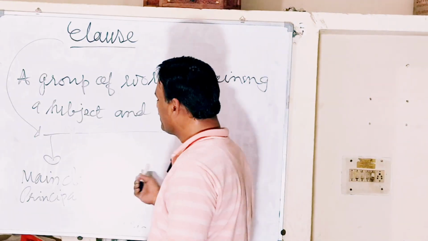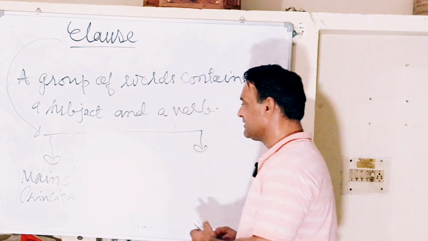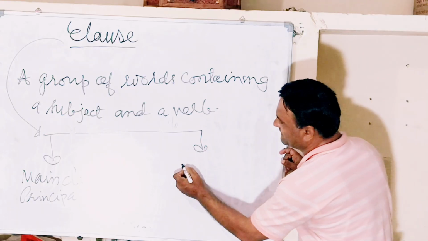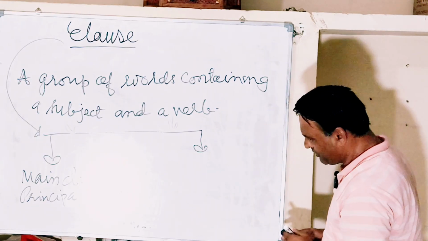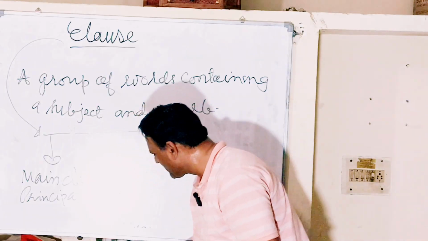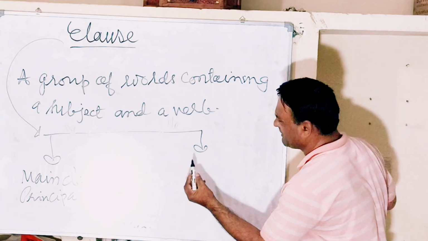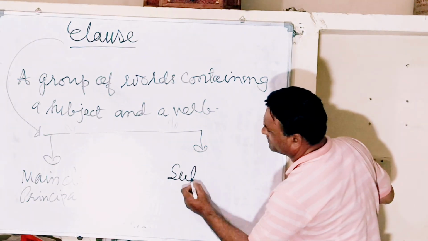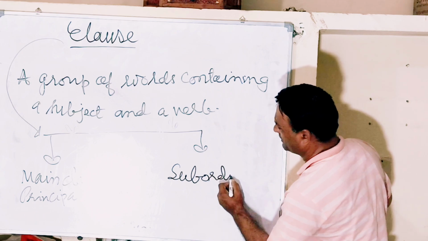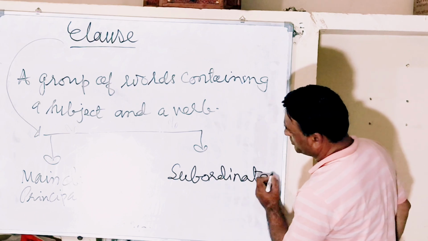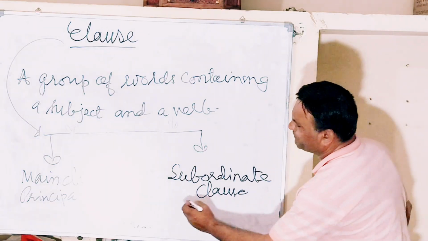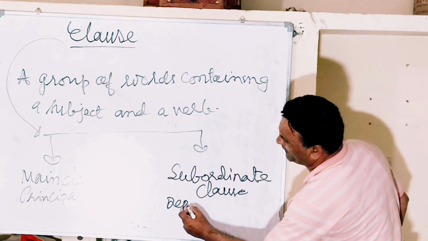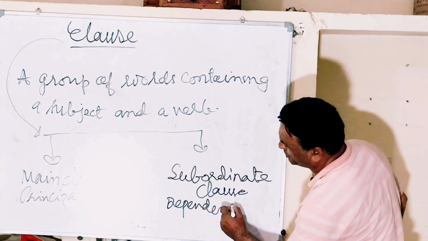There are two types of clauses: main clause and subordinate clause. Subordinate clause is also known as dependent clause.